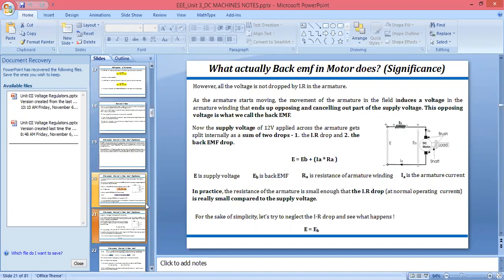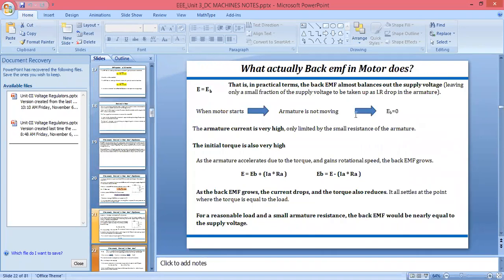So if we are converting these equations in this form, what will happen? You can see here, now back EMF is exactly balancing the supply voltage. When the motor starts, if the armature is not moving, what will happen?